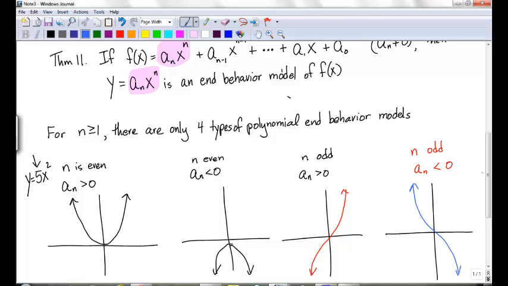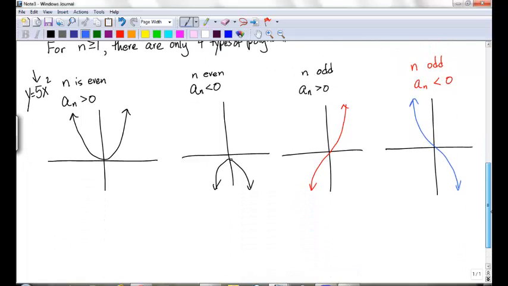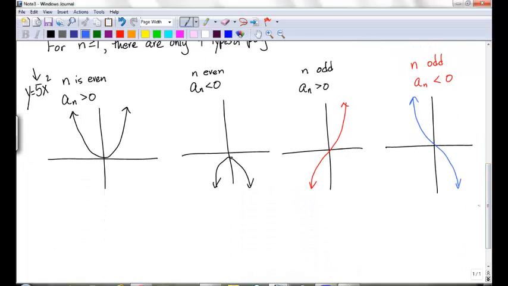I'm going to look at another graph, another example. Say I ask you to graph in y sub 1 the polynomial negative 5x to the 4th plus 5x to the 3rd minus 10x plus 1.